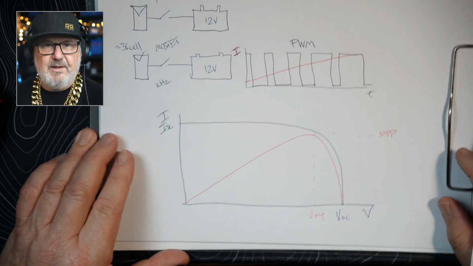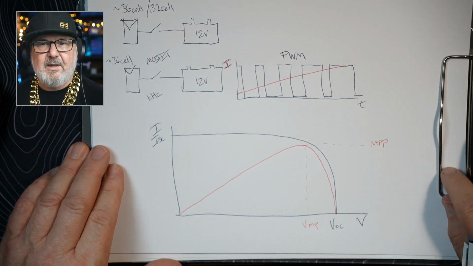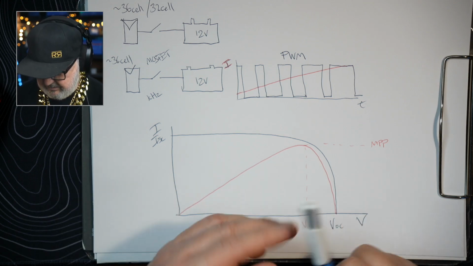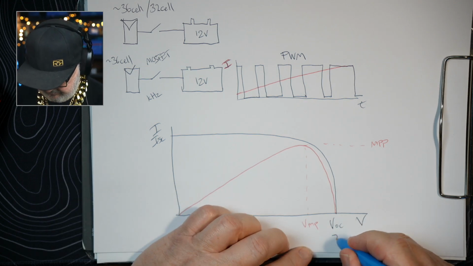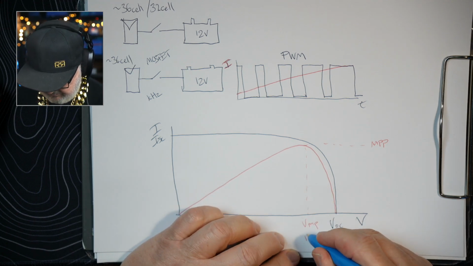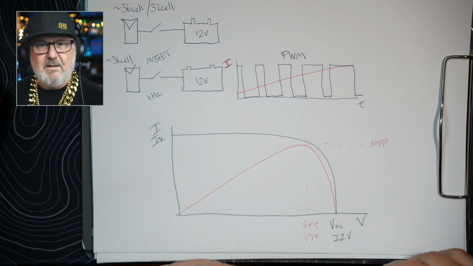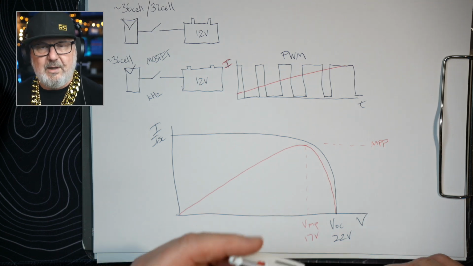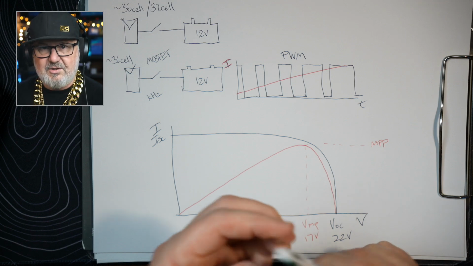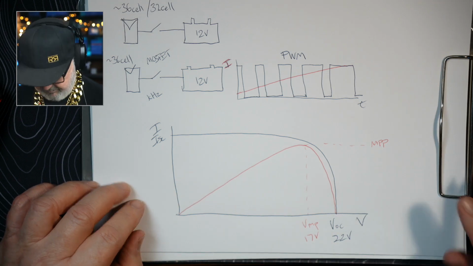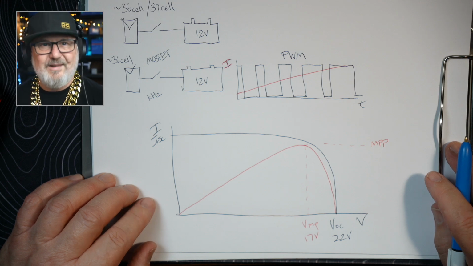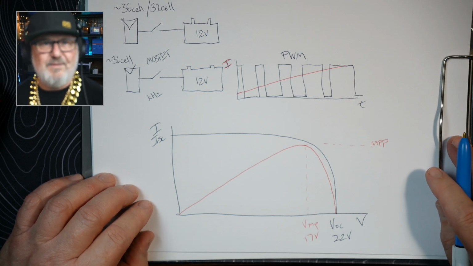Now, let's say we've got a 36-cell module. It'll have a VOC of about 22 volts. Okay, and it'll have a VMP of about 17 volts. Now, if we connect this panel to a 12-volt battery, a 12-volt battery is going to determine the operating point on the curve, because the battery is the immutable force. It's not going to rise up to 17 volts in a hurry.